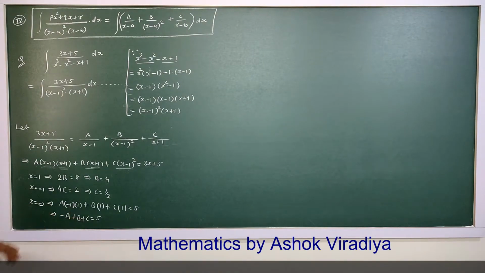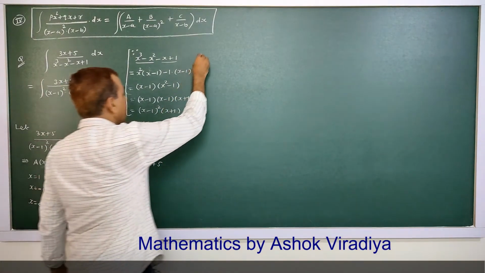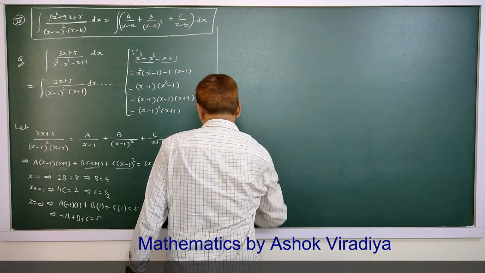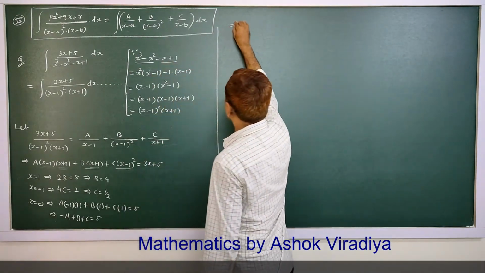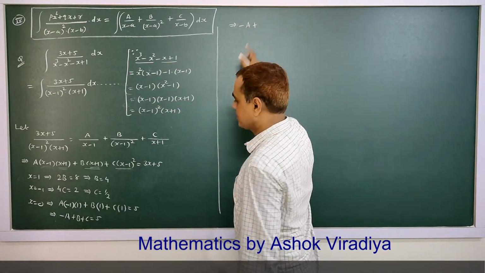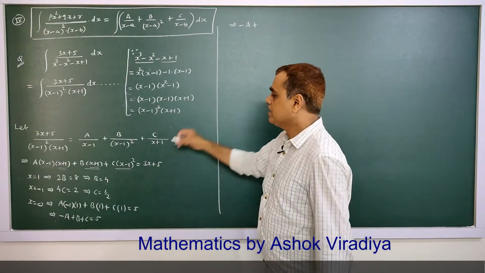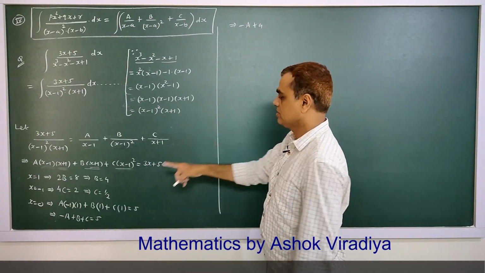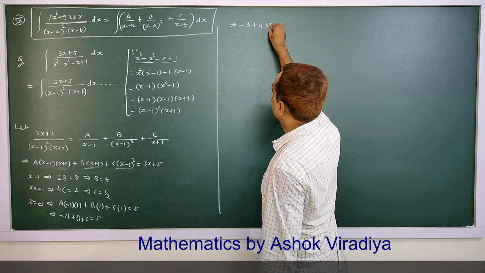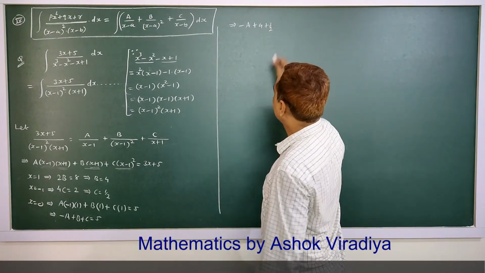Now we put the values of B and C. Therefore, minus A plus, what is B? B is 4, C is 1 by 2, equal to 5.